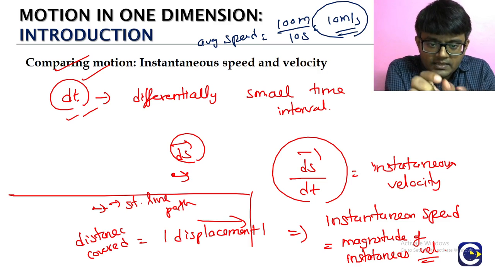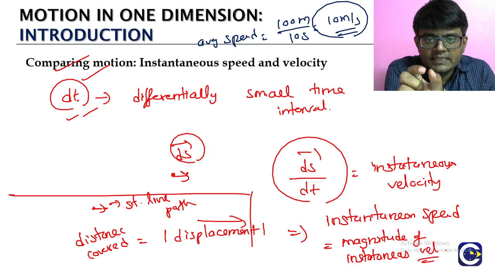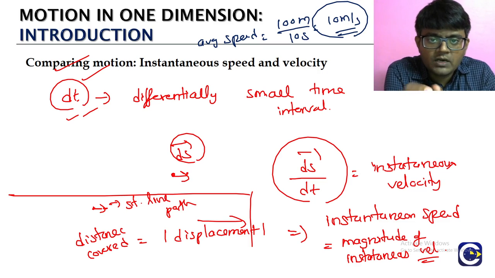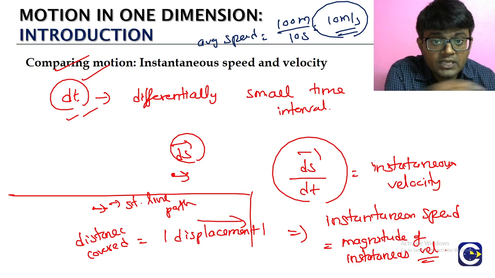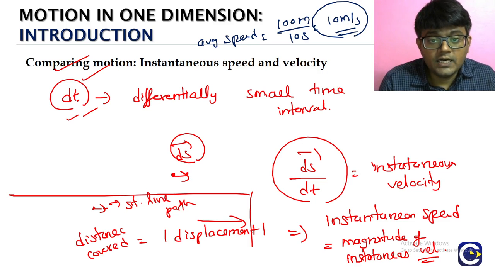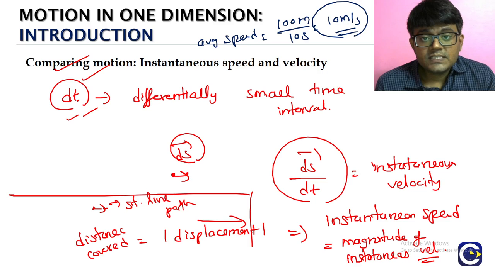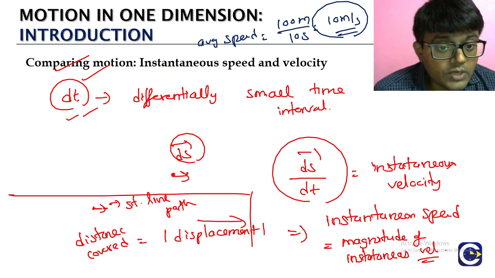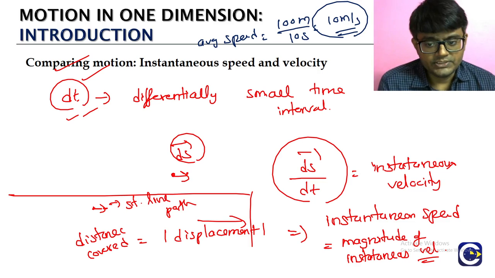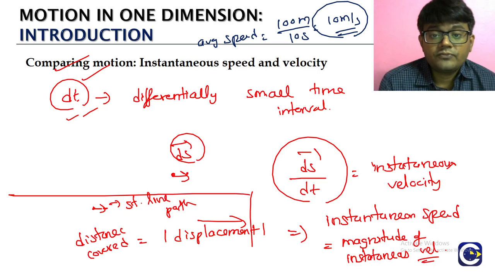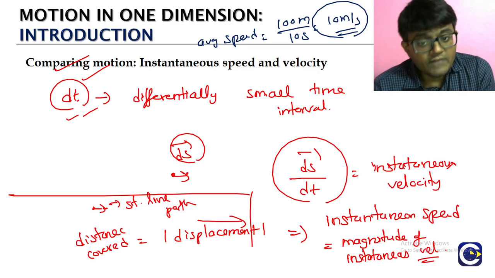No, it will be the distance covered or the displacement value. We cannot even measure how small it is. So we can almost think of it like possibly straight line motion, which means what? The instantaneous speed will be equal to the magnitude of the instantaneous velocity. Okay, so this is about the concept of instantaneous speed and instantaneous velocity.